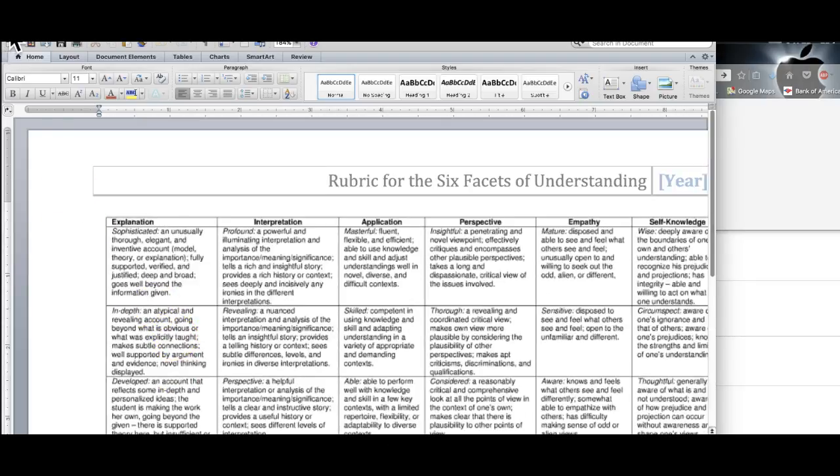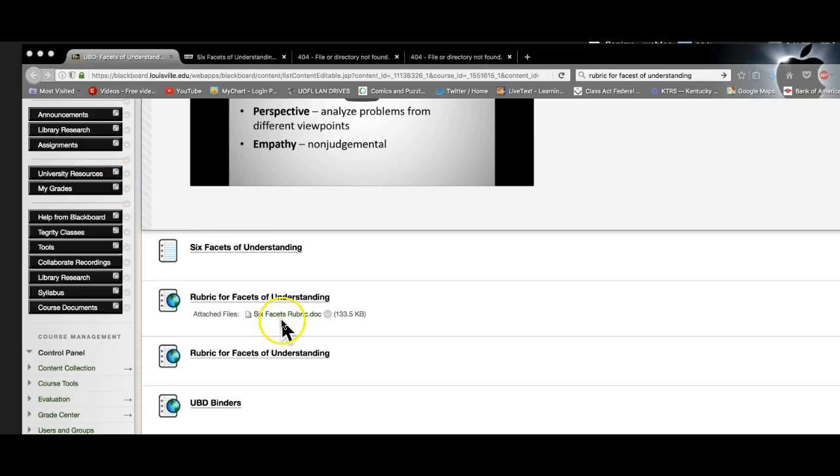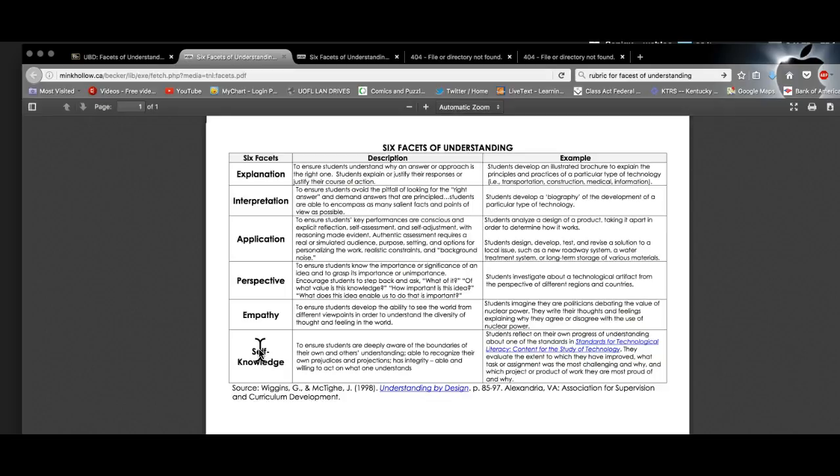It gives you a nice starting point if you want to develop a rubric around a facet of understanding. And then the second one down here is another, this is a PDF. And this one basically explains what each one is. But what I like about it is it gives you examples. And we all know that we learn best from examples. So I've included this one as well.